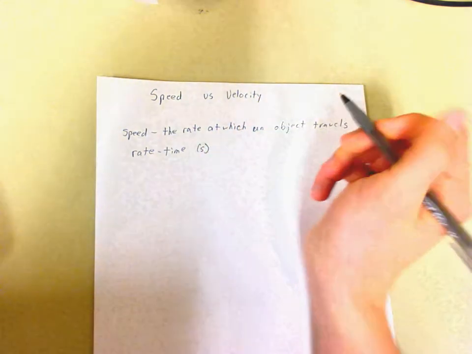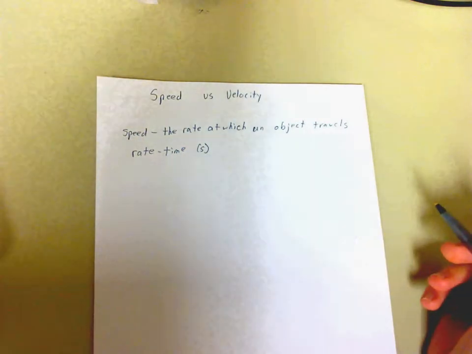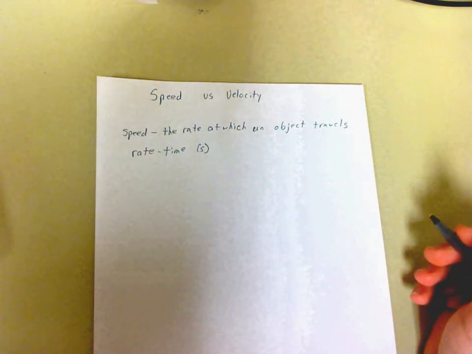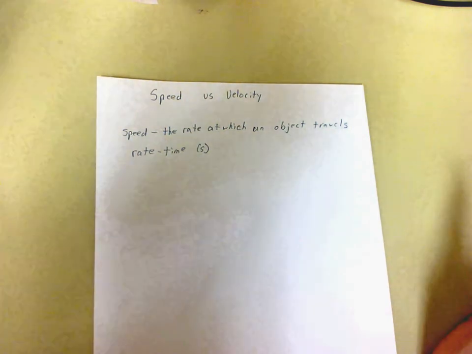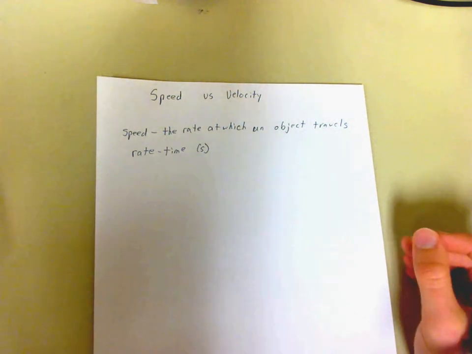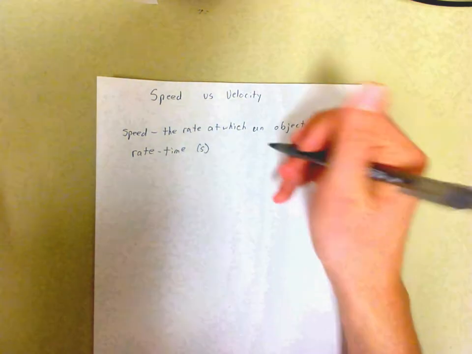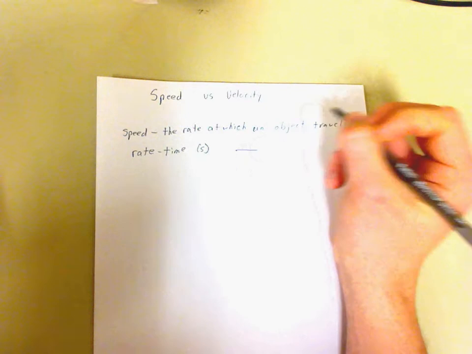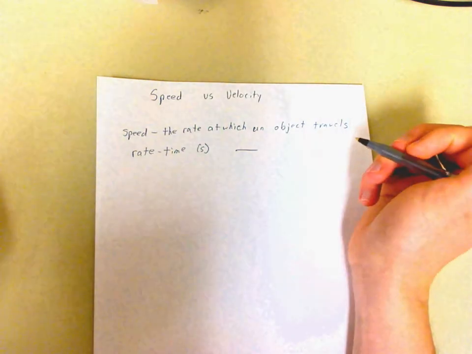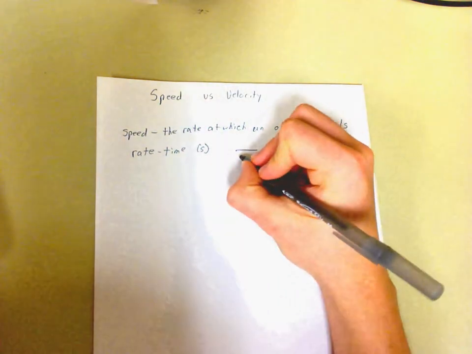And since you're measuring a rate, it's something that's being divided. So whenever you have rates, rates are always on the denominator of fractions. And so for our purposes, our speed, or our rate at which an object travels, time is going to be on the bottom.